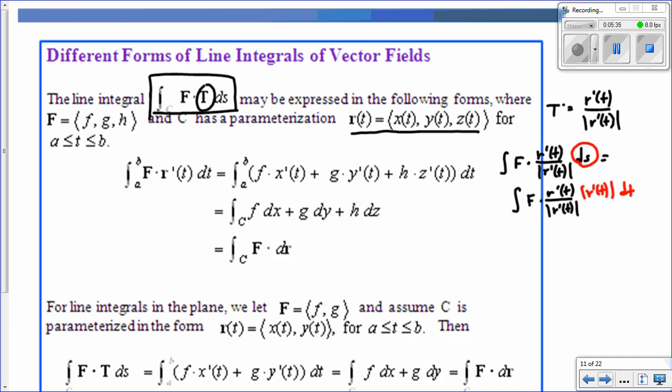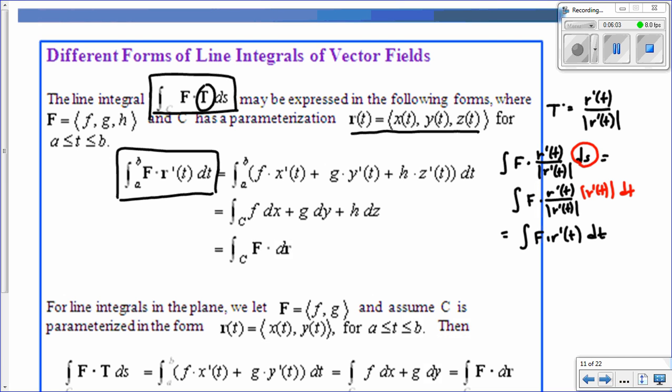So now, simplifying this integral, we could write it as f dot r prime of t dt. Okay, so that's one form. And the nice thing about that form is that we now have the integral as an ordinary integral where t is the parameter, and the limits of integration then would be the values of the parameter t. So from a to b.